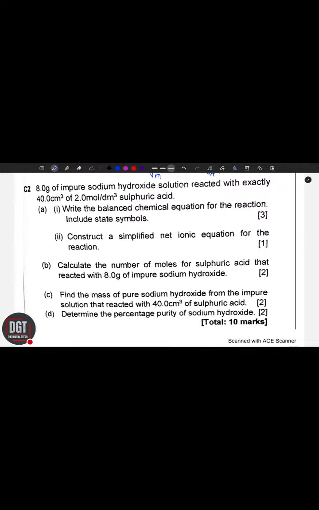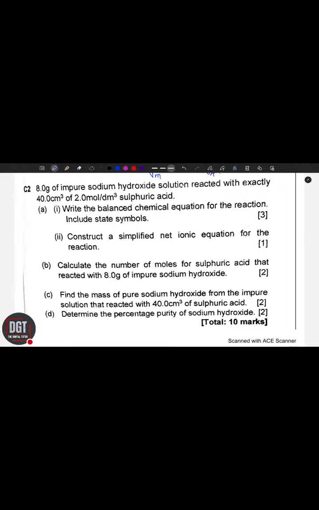Okay, I guess we are yet to meet this question. Write the balanced chemical equation. That is the first part. I guess you've read the statement.